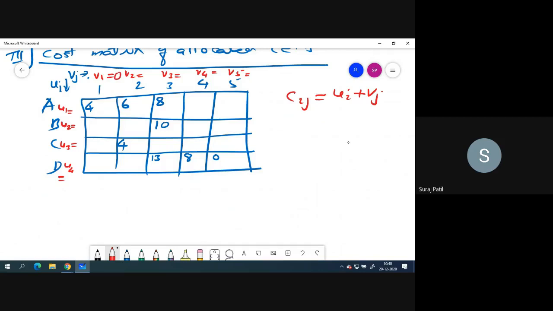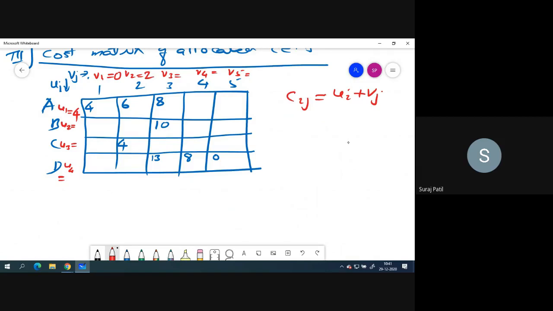So what will I get for U1? U1 plus V1 is 4, so U1 will be 4. Then I can calculate V2 from this. V2 plus U1 is 6, correct? But U1 is 4, so V2 will be 6 minus 4, it is 2.